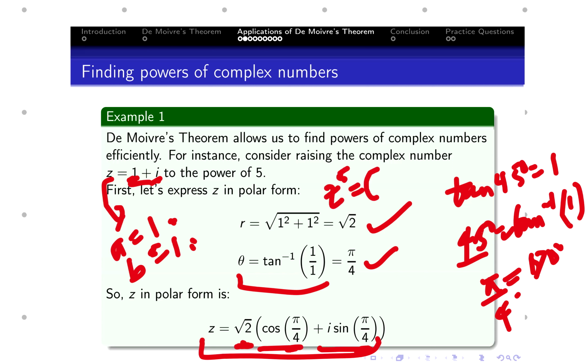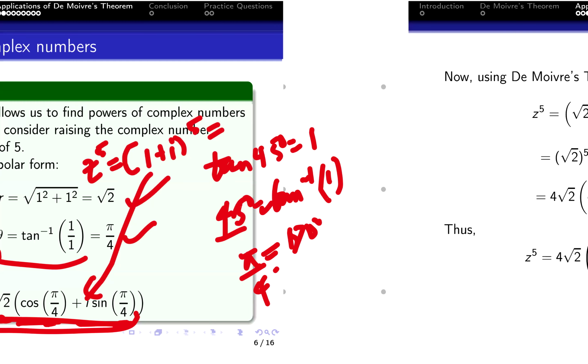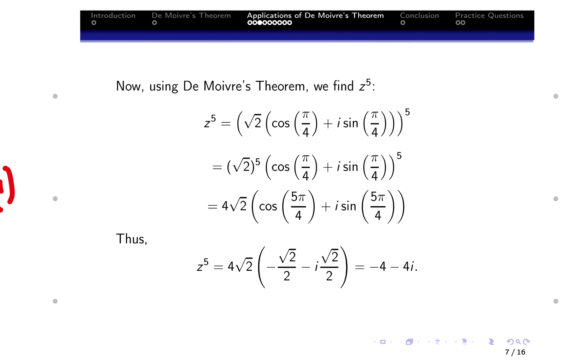We have 1 plus i to be this whole expression, and now we have to raise it to power 5. That's the next thing we are concerned with. So using De Moivre's theorem, you have z raised to power 5 equals all this expression raised to power 5, and as expected, you have r raised to power n.